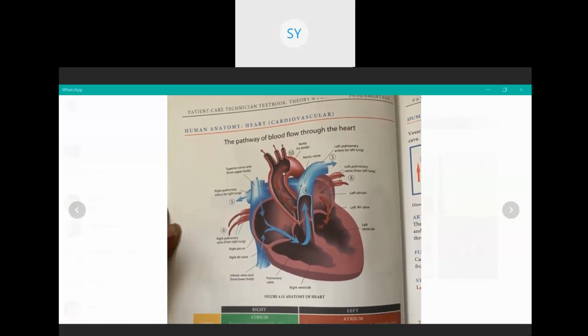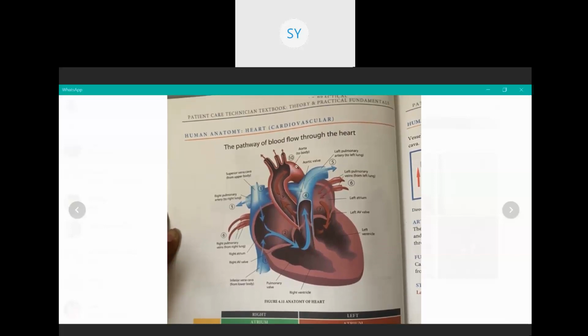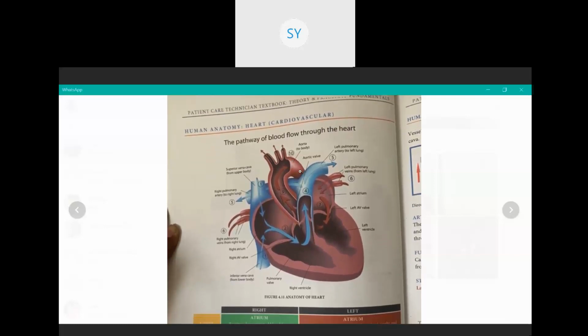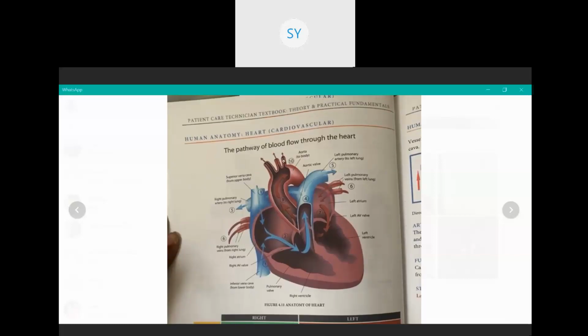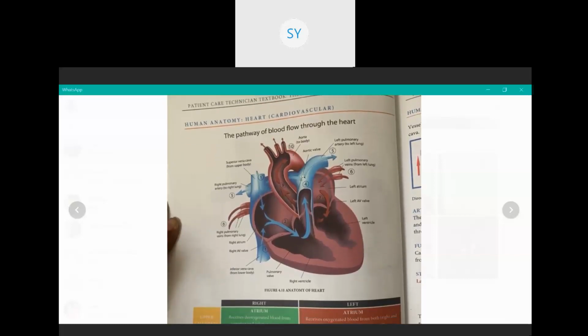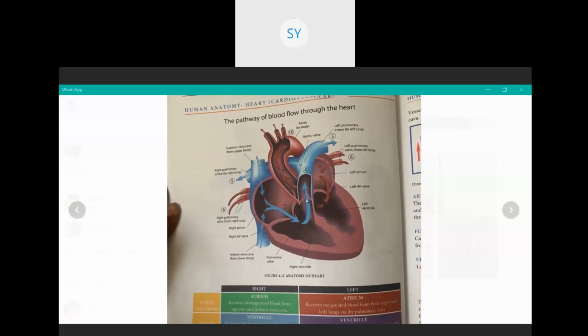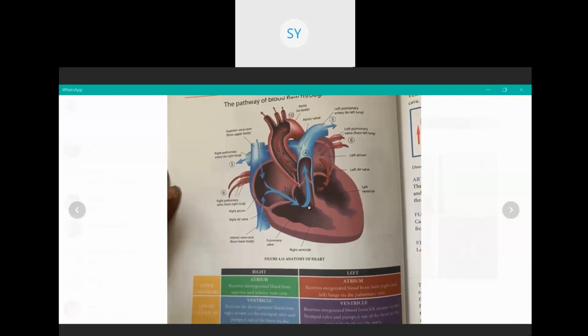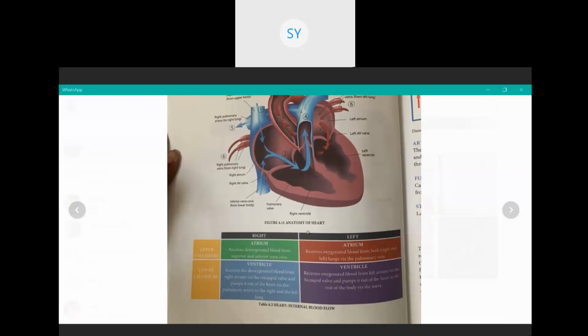You can see this portion going down, right? This is called the descending aorta, this is called the ascending aorta, and it supplies the whole lower part of the body and the thorax a little bit. That's how the circulation happens in our heart sections.